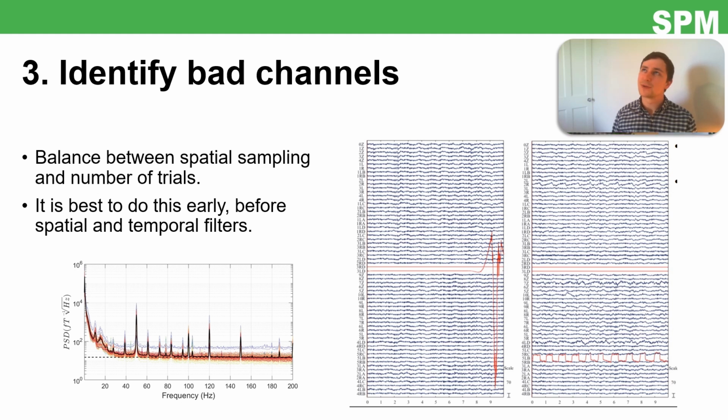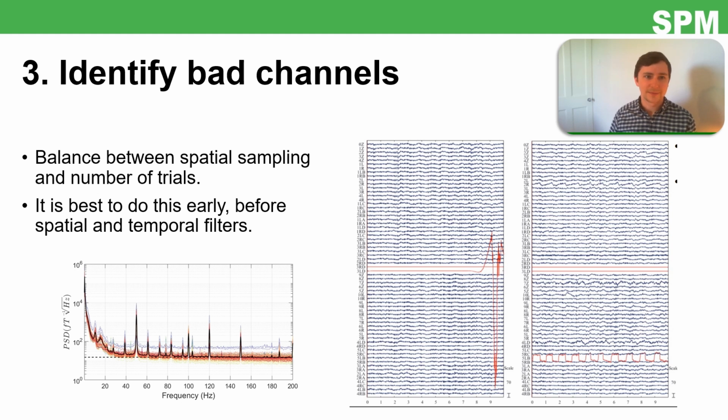And you should also think about the order of applying filters before you start to identify bad channels. So in SPM, there's a few automated methods, and these might look for SQUID jumps. So that'd be quite easy. A SQUID jump is a rapid increase from one sample to the next.